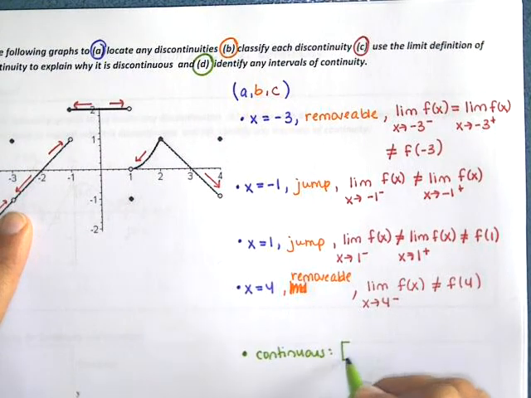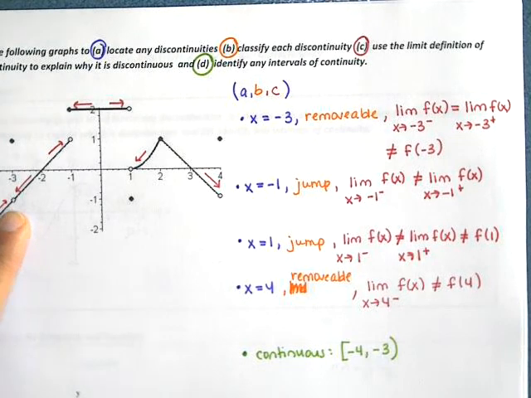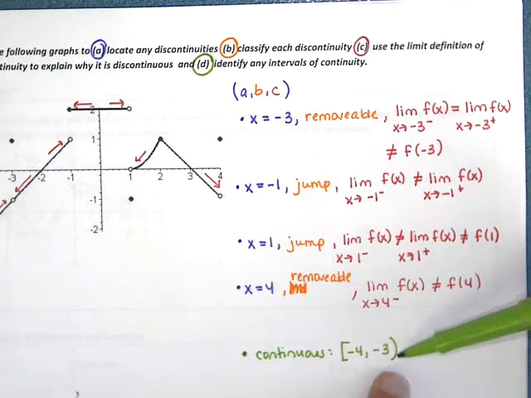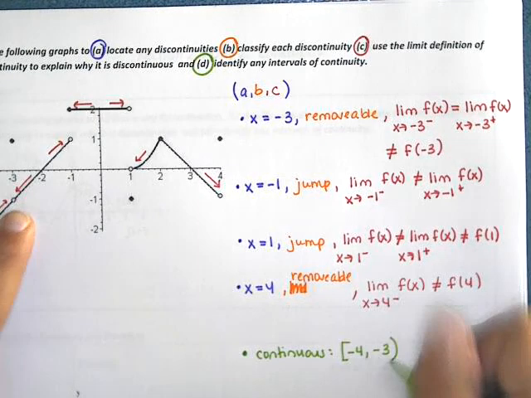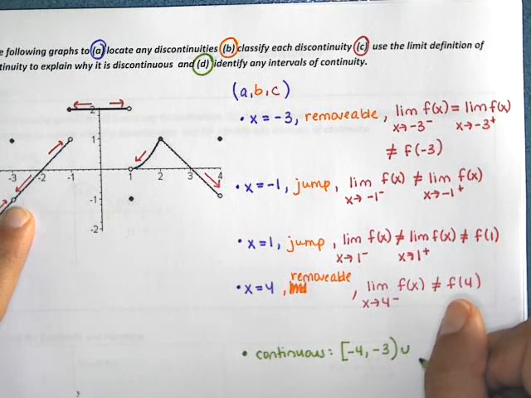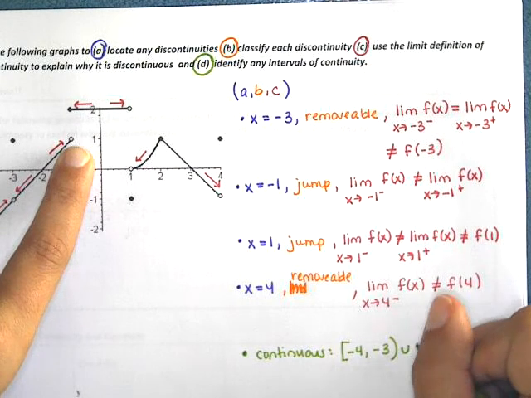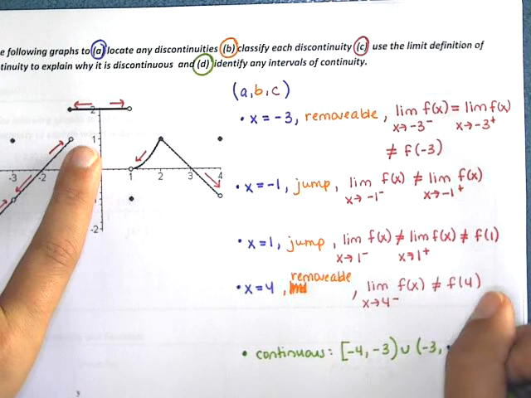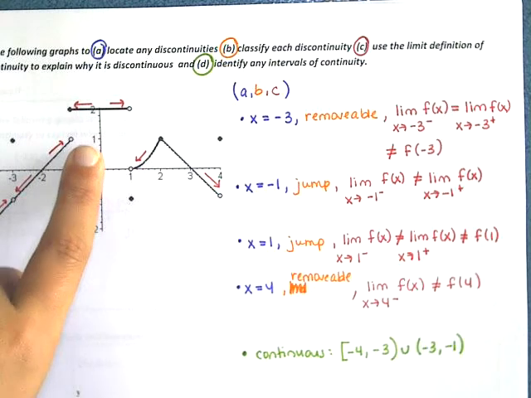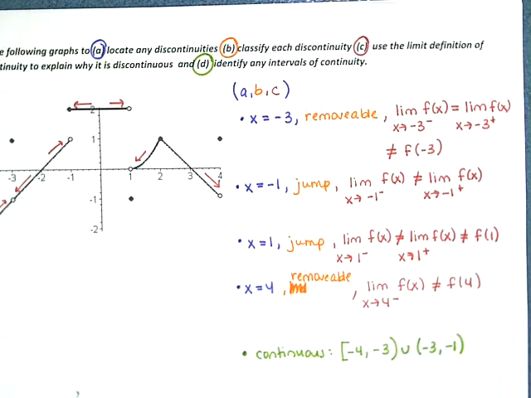So I would say closed bracket -4, comma -3, and I would make that open because that's the first spot where I'm not continuous. Then I'm continuous until I get to -1. So I would say open parentheses -3, comma -1, open, because both of those have open circles.